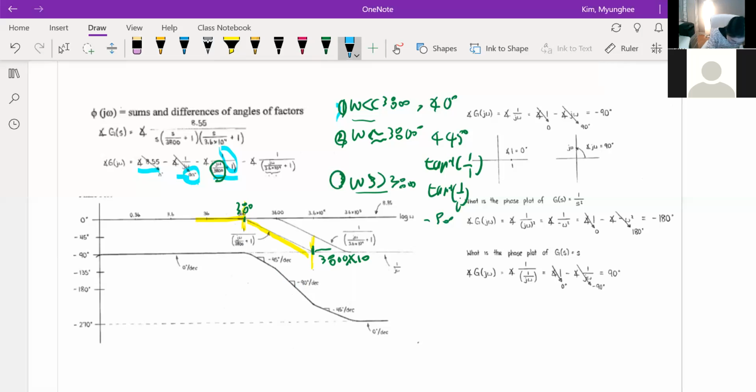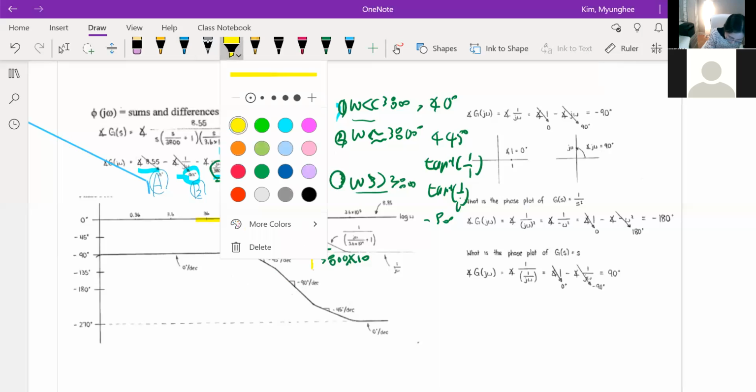So that is this part. Let's say this is A, B, C, D. This is the C part, and for the D part, it's similar.